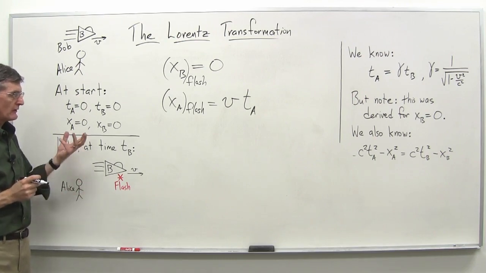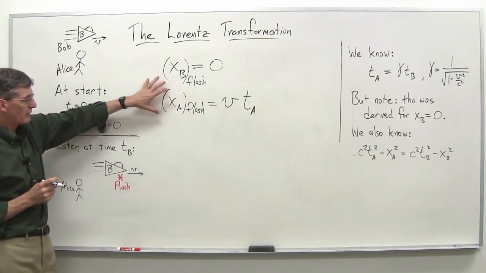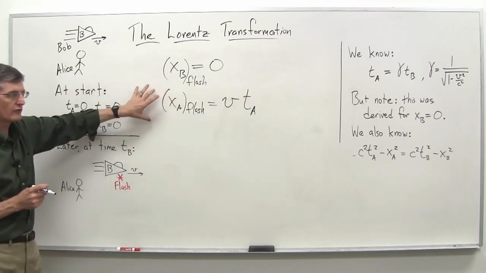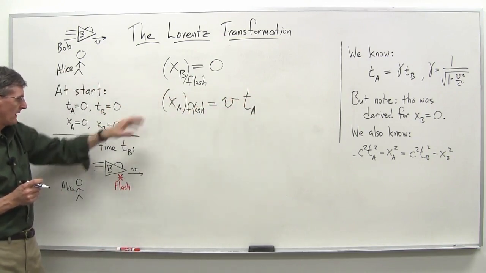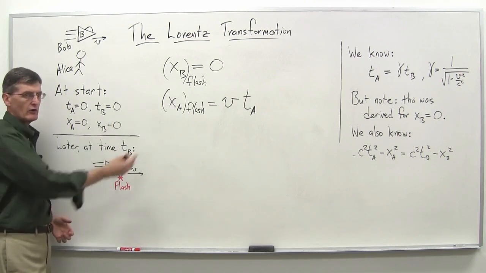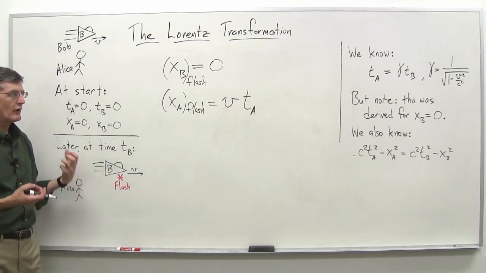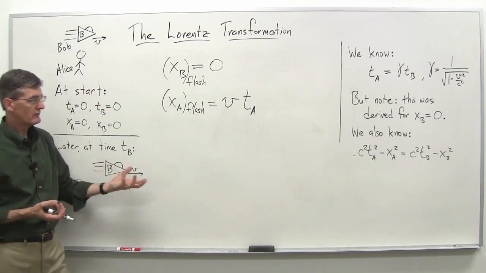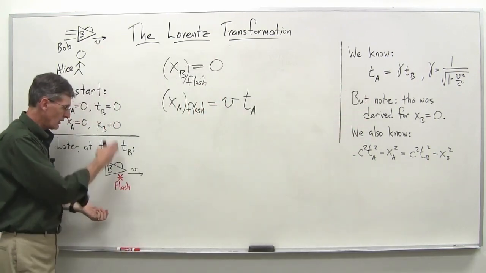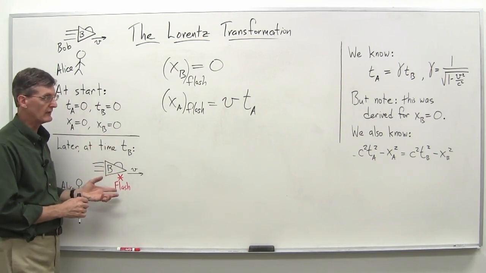Okay? Now, here's the key thing. What is ta? Remember, we want to have Bob's coordinates on one side and Alice's coordinates on the other. And so Bob measures the flash at time tb. We'd like to somehow write ta in terms of tb. Now, in actual fact, this is a case where our time dilation applies because the flash is occurring right at xb equals 0 for Bob, sitting right next to him there.